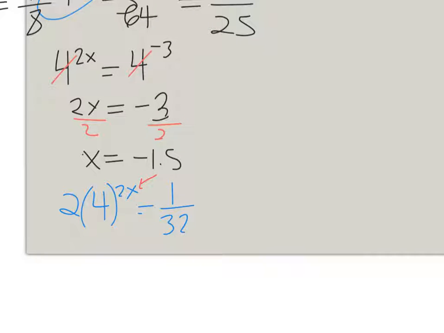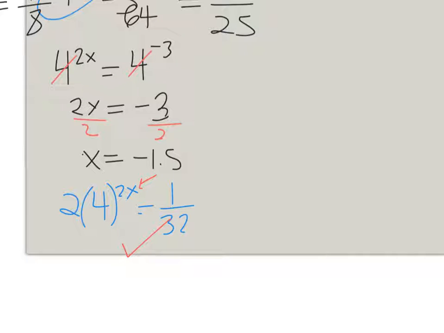Very few of you check your work. I can tell when I'm marking it. You really should be doing this on every question. So you just type into a calculator 2 times 4 to the power of 2 times negative 1.5, or negative 3, and then check that it's equal to 1 over 32. You can do that on any type of calculator. I can do it on my scientific calculator here.